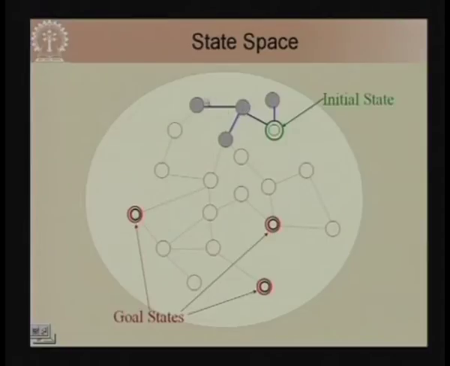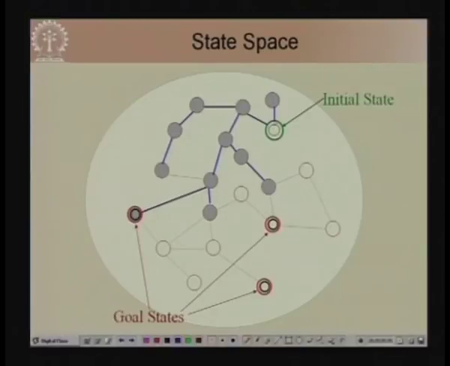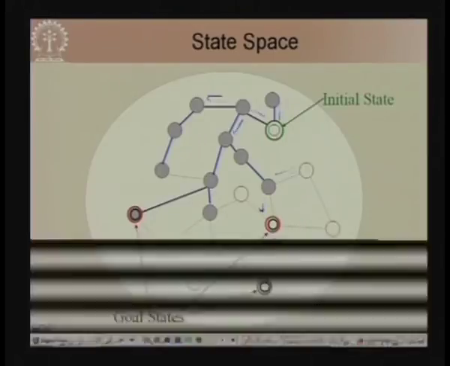From this state, again the agent can take 2 possible actions, and then these are the other nodes that the agent can reach, and so on until the agent reaches a goal state. So, this is the sort of process that the agent carries out. From here the agent has a choice of going either in this direction or this direction. From here it can go here or here, and so on. So, the agent can start from the initial state and explore this state space, and its objective is to reach one of the goal states.